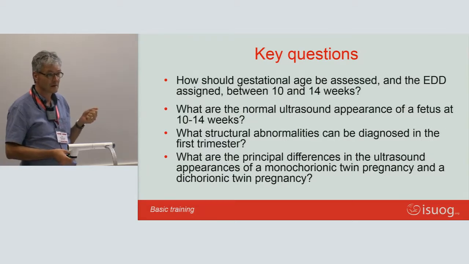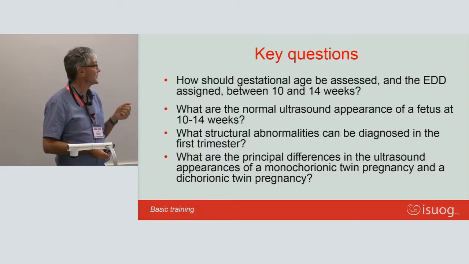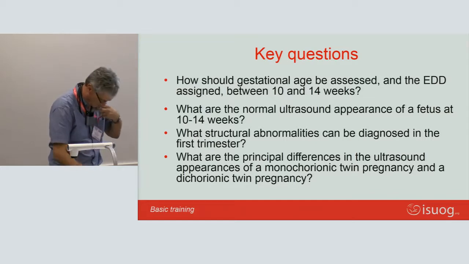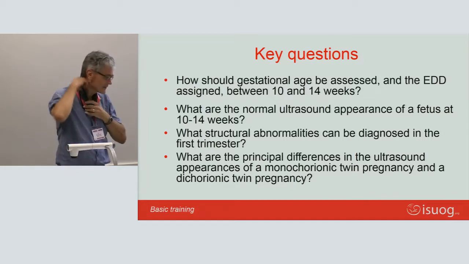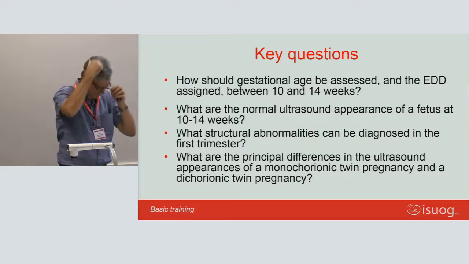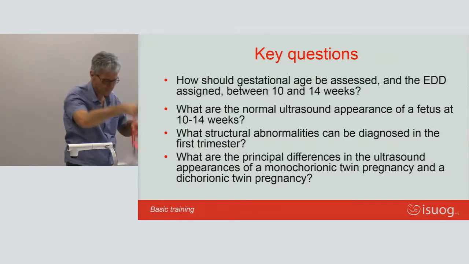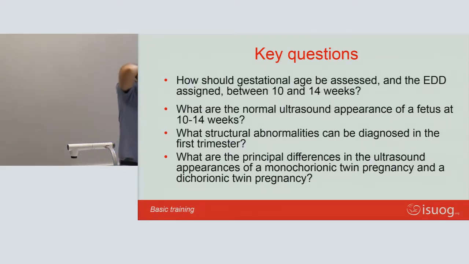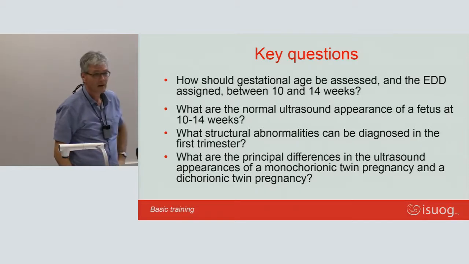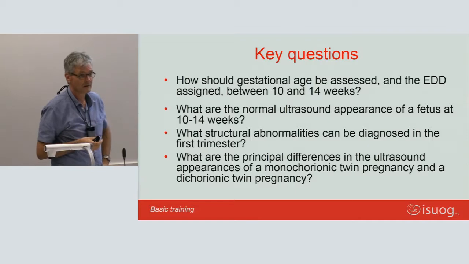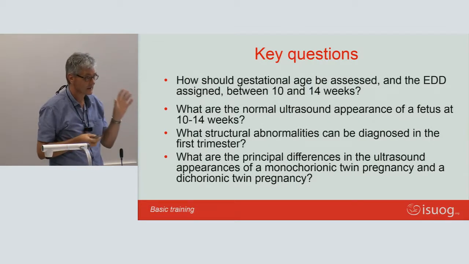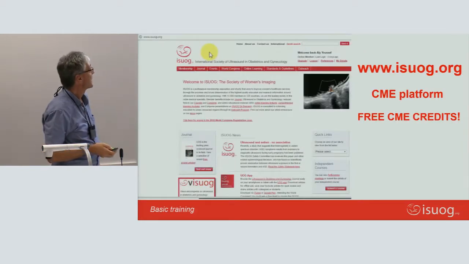And then something also very close to my heart, what's the difference between monochorionic and dichorionic twins in this latter part of the first trimester and the early part of the second trimester.